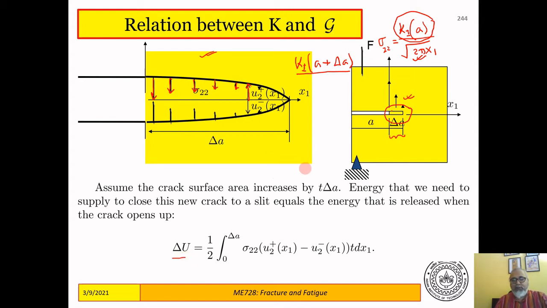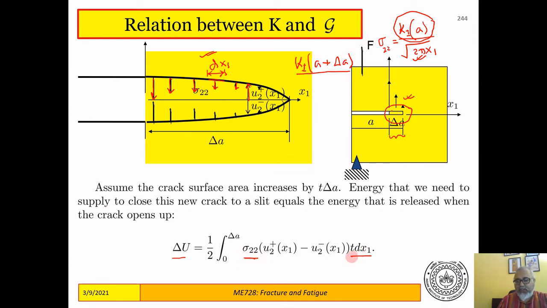Okay, so to close it down, the delta U that you will have to satisfy is, again, as in the previous problem, half of P times delta. So at every location dx1, you have a crack area of T times dx1, and you apply a sigma 2 2 on that.